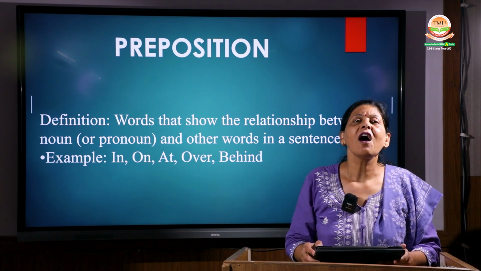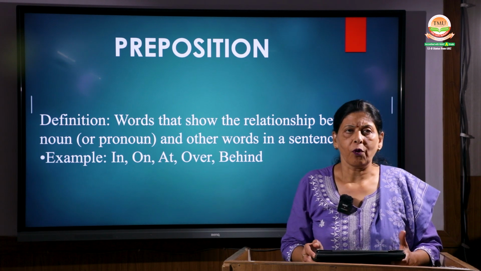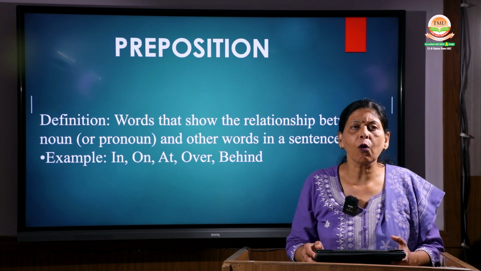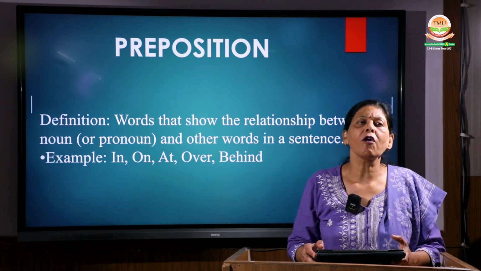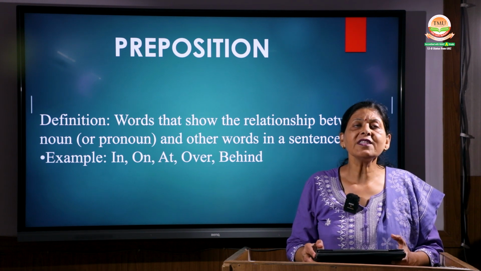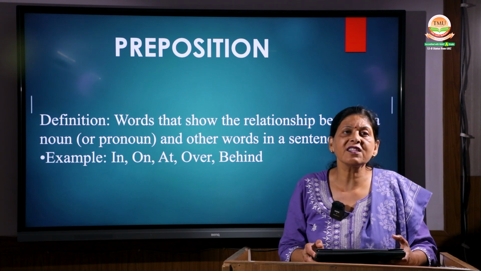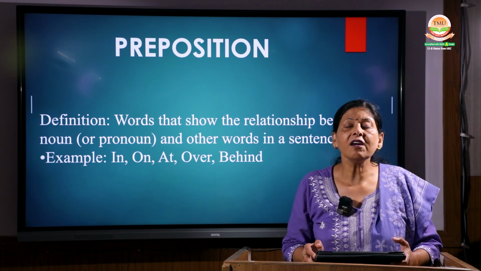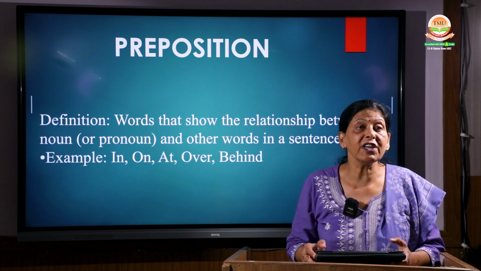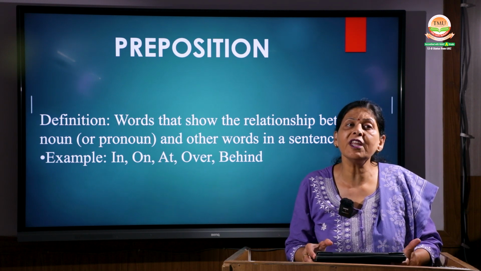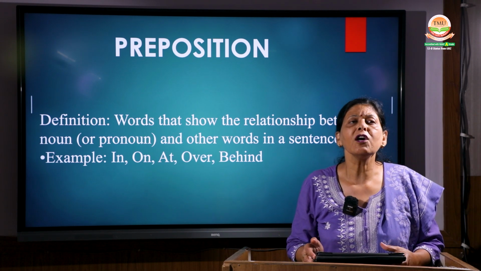All these words are prepositions, and they show the relation of the noun with the rest of the sentence, or the relation of the noun with the action. Means the cat is sitting under the table. Where is the cat sitting? Under the table. So under is the preposition here, because it is showing the connection between the noun and the object, the cat and the table.